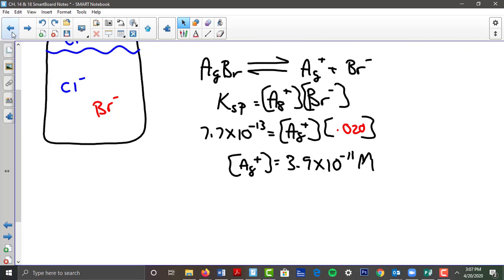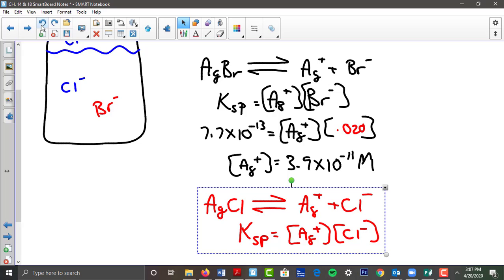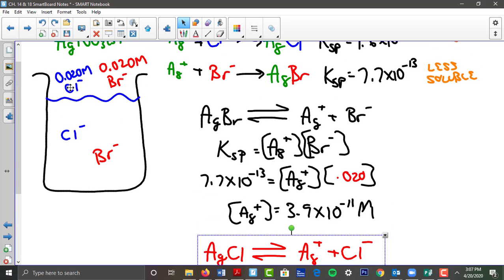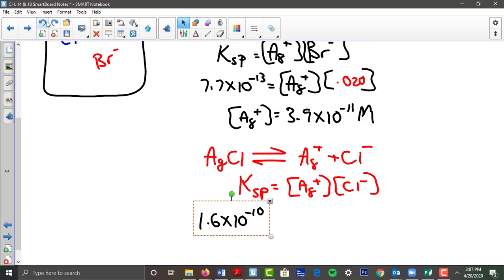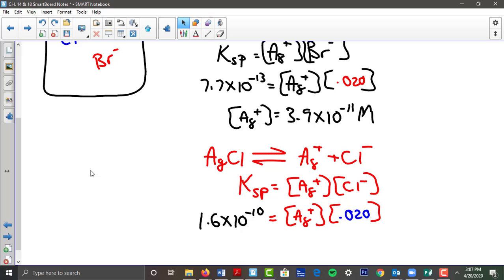Now, if I do the same thing for the silver chloride, again, I already know the concentration of the chloride that I've added to the solution already. 0.020. And I solve again for the silver ions.